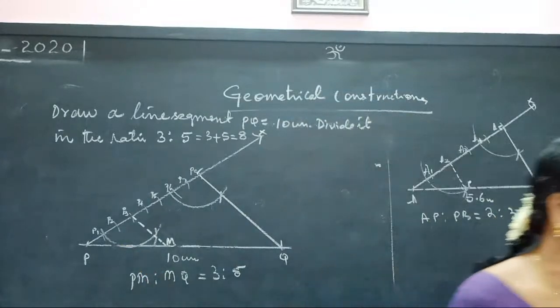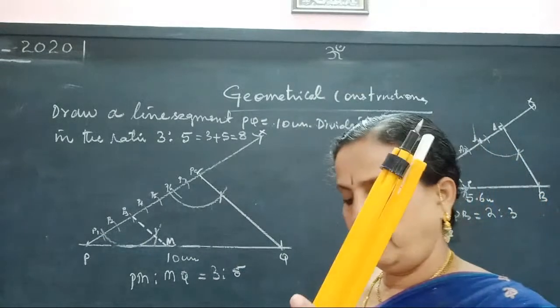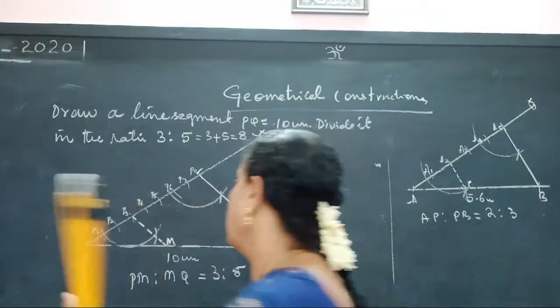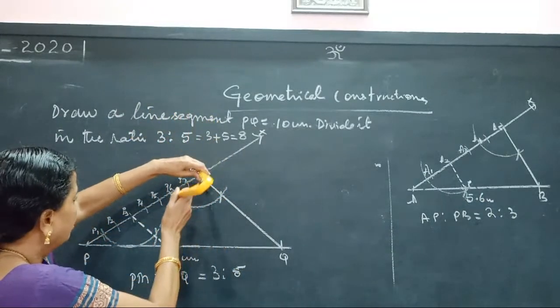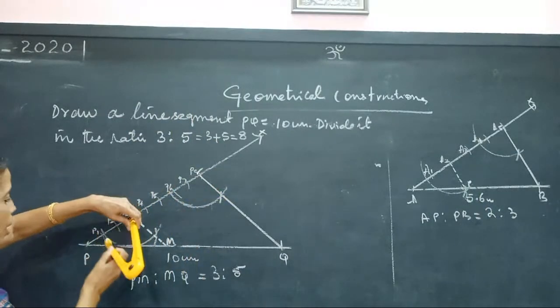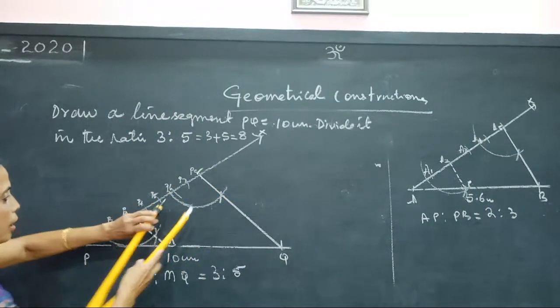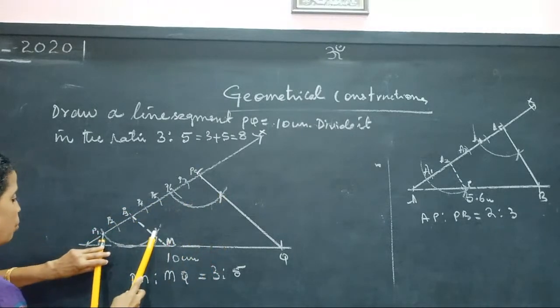I will show you how to construct the corresponding angle with a convenient radius. Keep the compass point like this. Draw an arc. The same arc from P3 you have to draw. Take this width. Cut off this width here also. Okay?